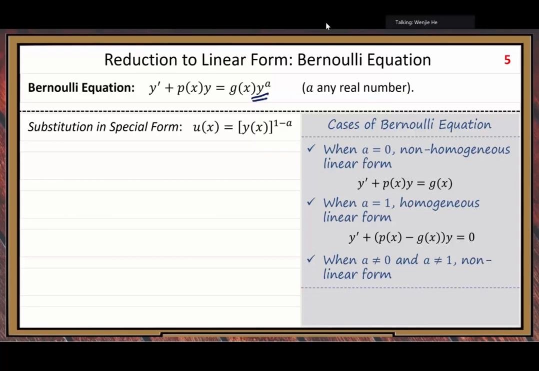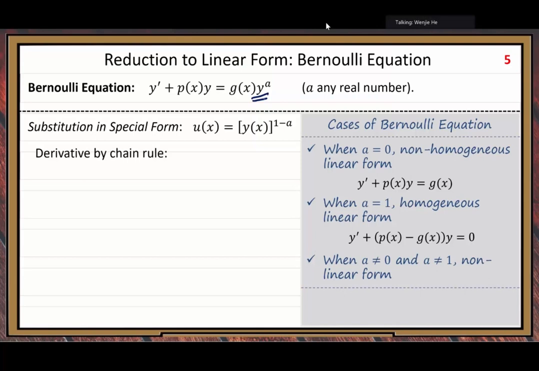Then how to solve? He tried many different methods, tried very hard, and finally, one day, suddenly discovered this special substitution. Then it works. So that's typical research.